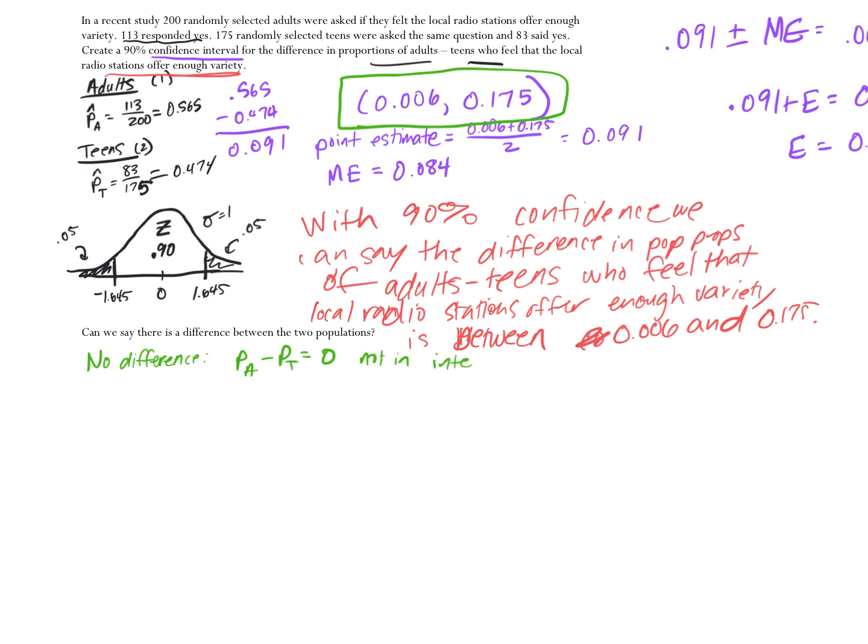Now, if instead I asked you to answer this question, can we say there is a difference? My null hypothesis would be that PA is equal to PT, and my alternative would be that there is a difference, right?